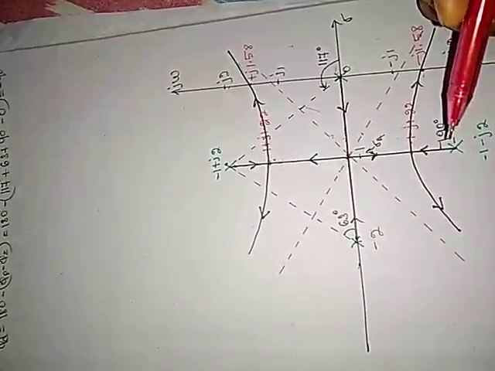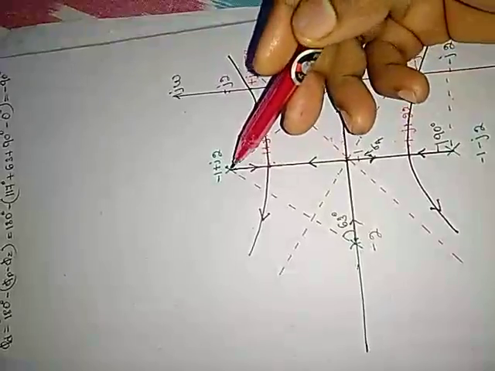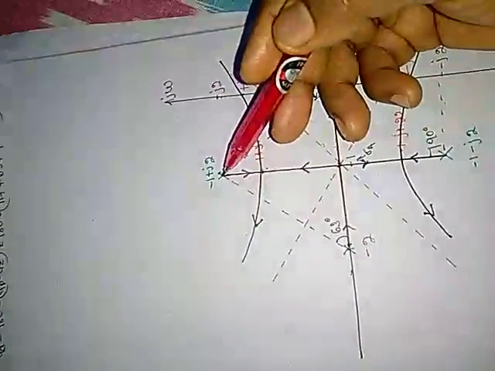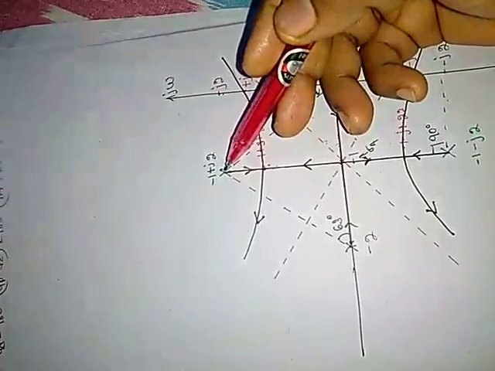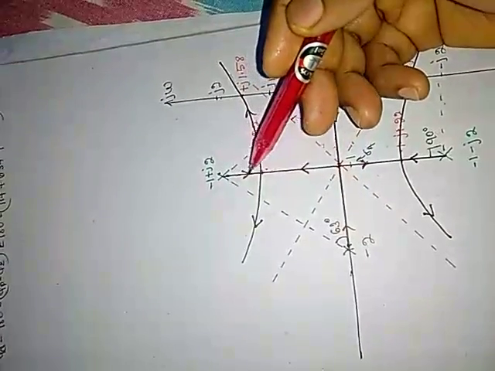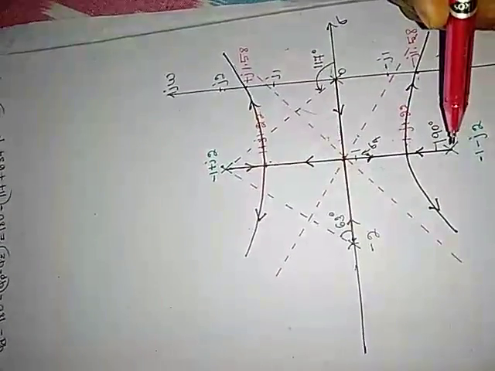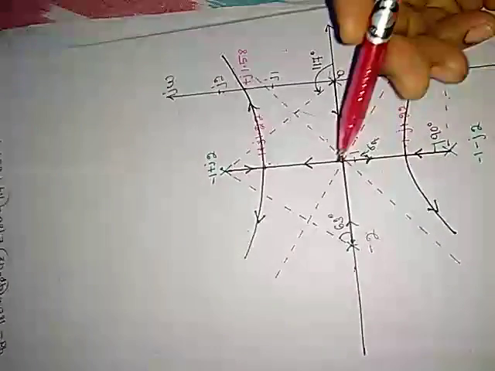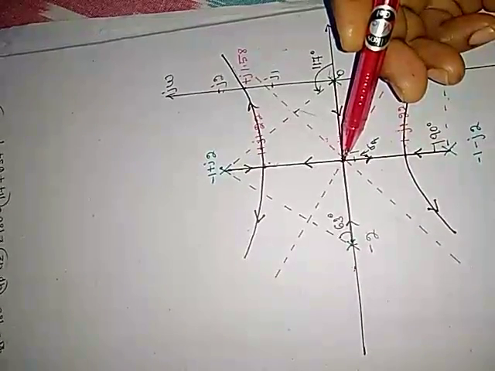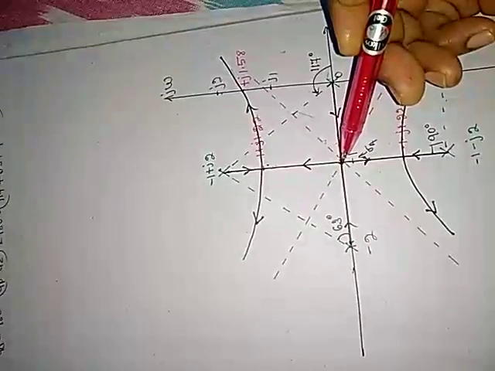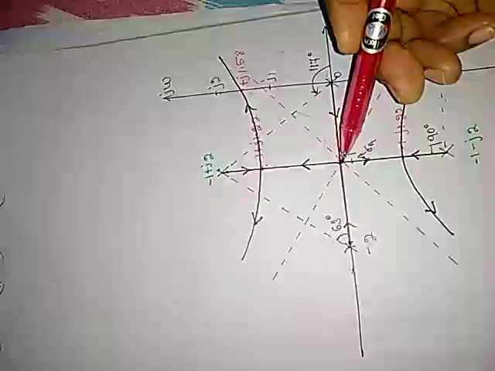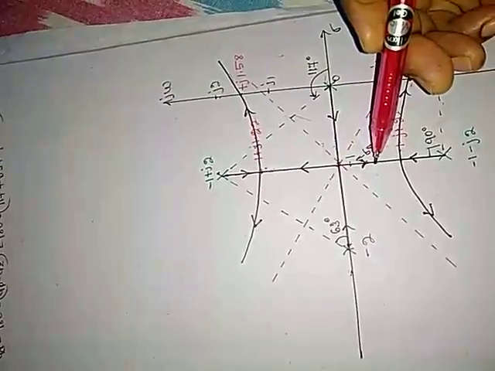So the signal which comes out from this pole moves exactly 90 degrees downward, and for this pole it is exactly upward, and again the signal which leaves moves upward, and from here it moves downward.